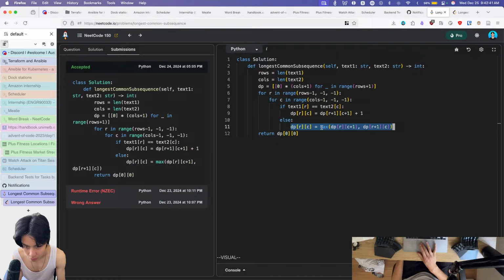This max basically gives us the choice of taking previous or taking one previous from a substring, either in text 1 or text 2. I know I've explained that pretty vaguely, so hope that's alright.